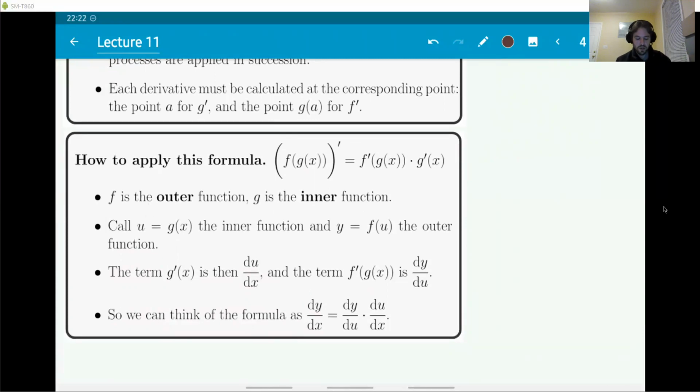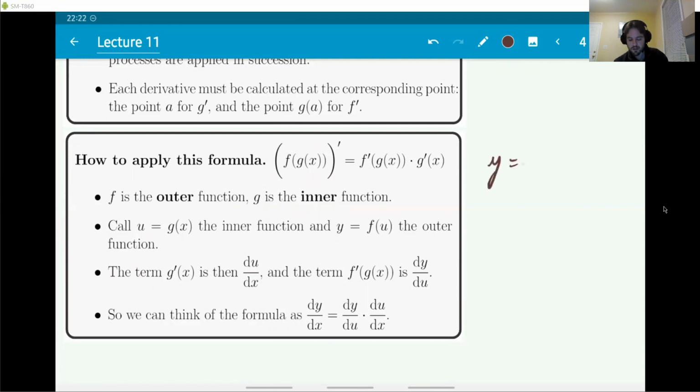You're going to recognize the two functions. One of them is called the outer function. The other is the inner function. It's very easy to see them in an expression like this, f of g of x. G is the inner function, f is outer. You want to give a name for the functions. For example, u for the inner function and y for the outer function. Notice that I'm writing y is equal to f of u. Why?